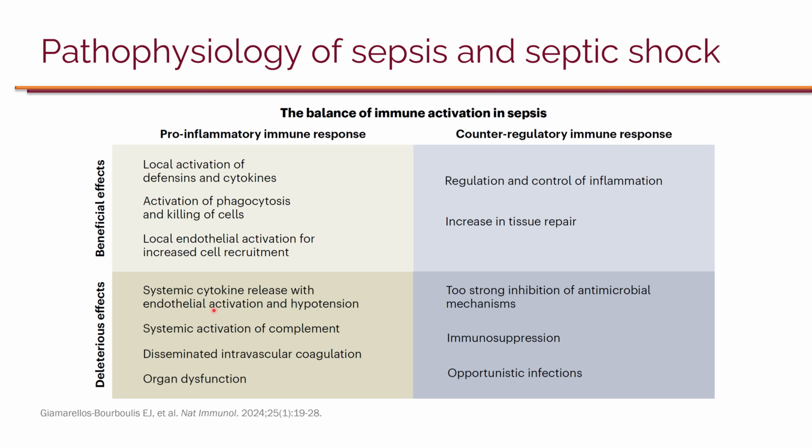So essentially, these make the vasculature leaky. So as fluids leak out, blood pressure can drop, which can be detrimental. Also systemic activation of complement, dissemination of intravascular coagulation, and organ dysfunction.